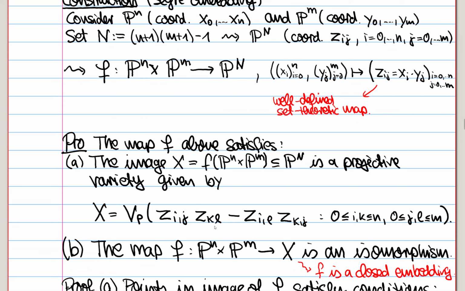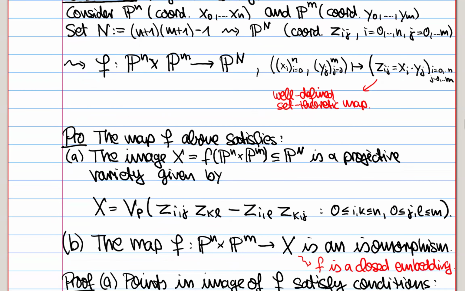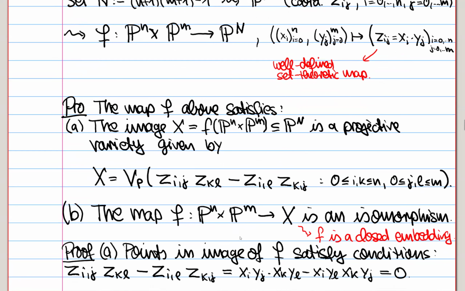It's z_ij times z_kl minus z_il times z_kj, so you swap basically j and l here. And this holds for all possible indices. So the image is a projective variety, and then in part B we upgrade this and say that this map from here to its image is an isomorphism of pre-varieties.